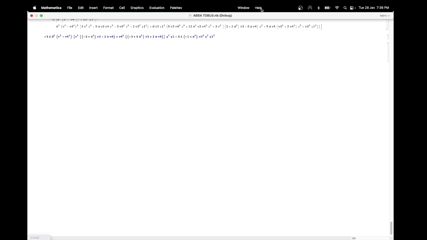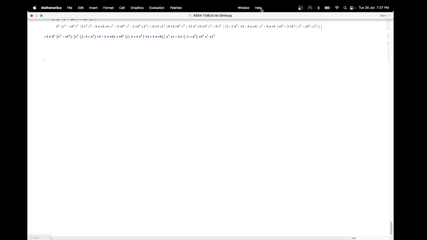Okay, what is this? 26 factorial divided by 5 factorial into 21 factorial, sorry, 3 factorial into 23 factorial.